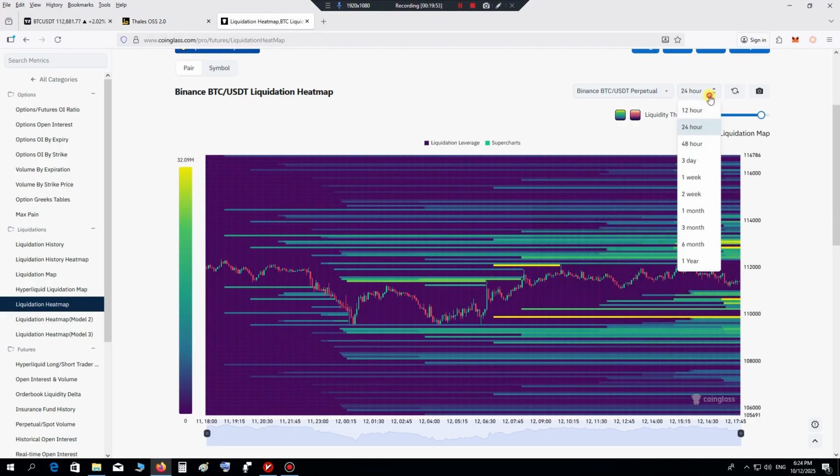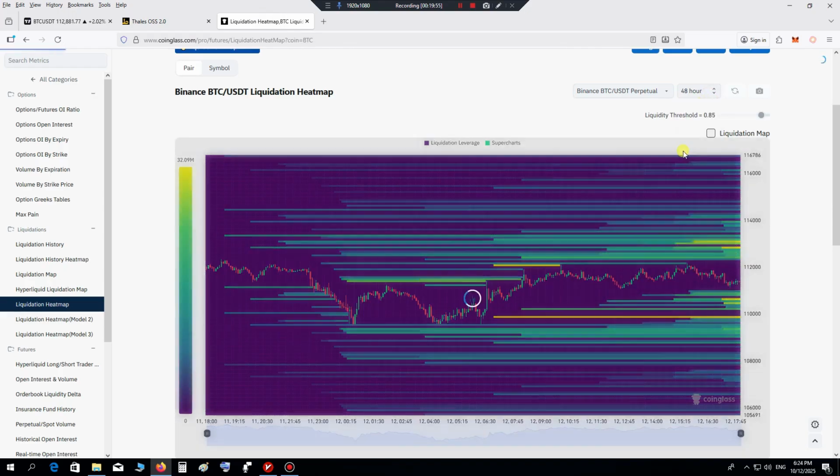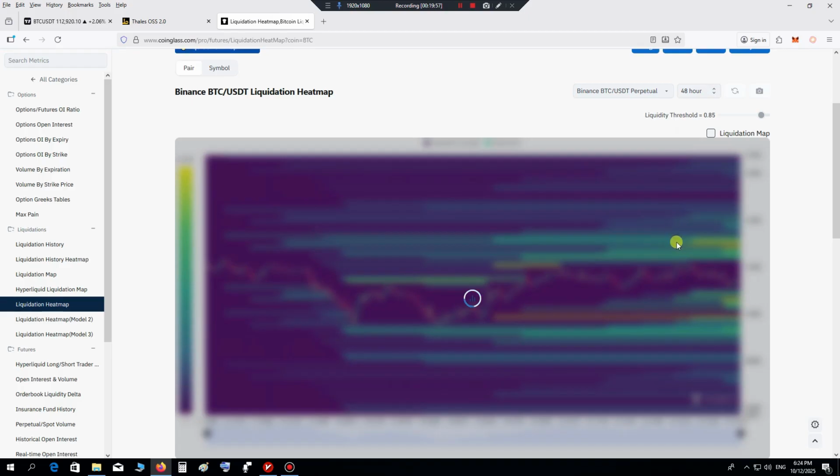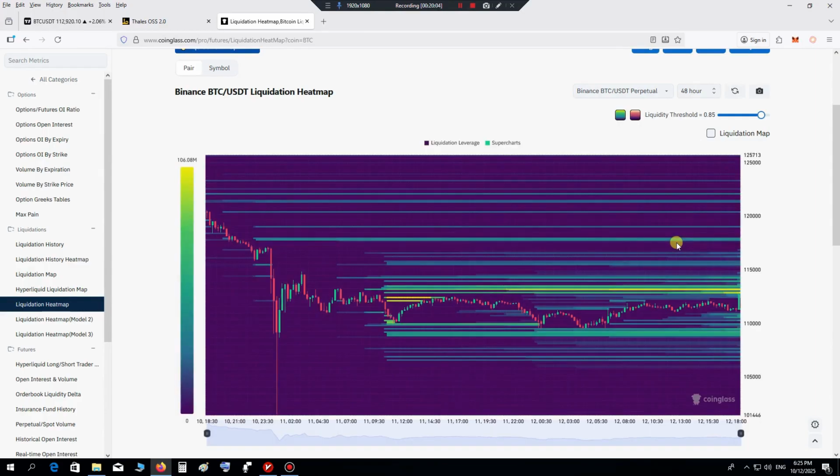Let's switch to the 48-hour view. It's clearer here on the 48-hour chart. You can see a sharp move here. This candle shows it clearly, where it went for our upper liquidity.